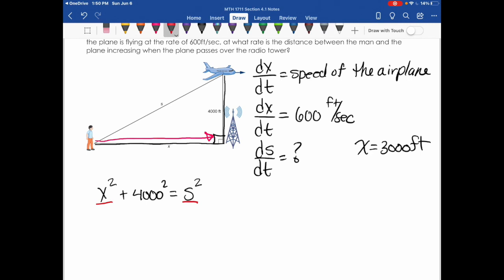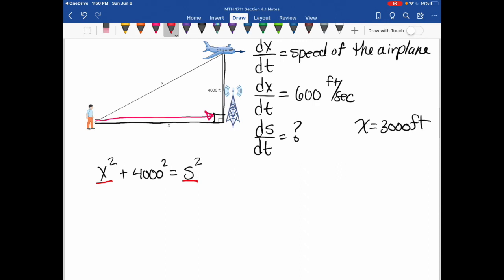That does not change. Now the next step, step 4, is to take the derivative. So I'm going to take the derivative of x squared, which gives me 2x, and then times dx/dt using the chain rule. When I take the derivative of 4,000 squared, that's just a constant, so that becomes 0.